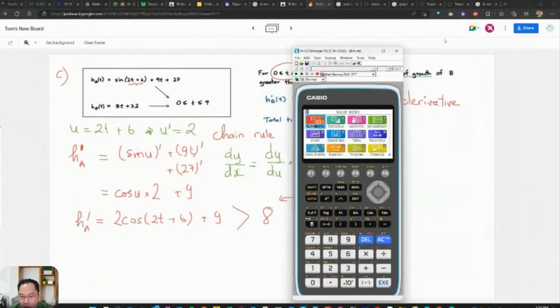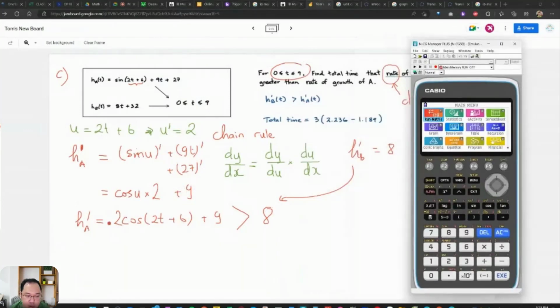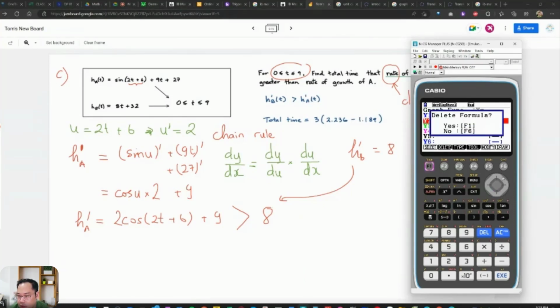Okay, plotting the two graphs, which is the rate of the growth, HA derivative and HB derivative. Now the function graph. The first function, delete the old function. Delete the second function also. The first function is 2 times cosine. It is in degree, and I need to change to radian first. Yep.